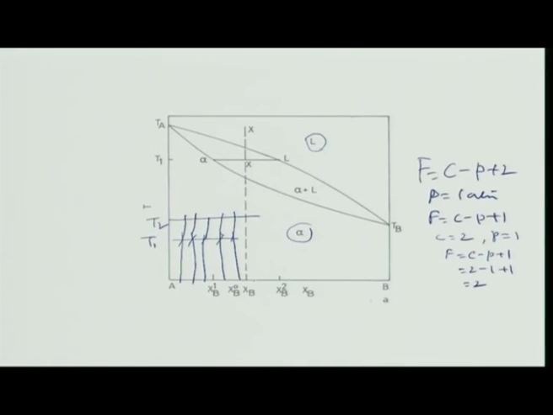Similarly, if I consider a temperature T3 in the liquid, I can have different compositions where liquid is stable. If I change the temperature, the liquid is still stable at different compositions. So I can vary both temperature and composition simultaneously, and the liquid phase will remain stable. This is the meaning of F equal to 2.